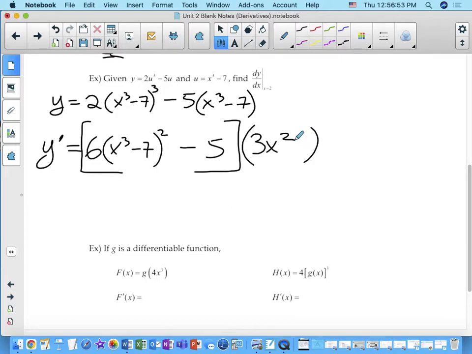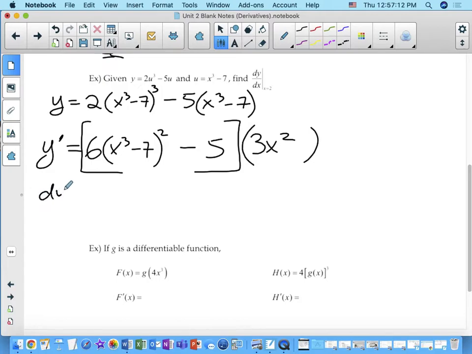Okay, now, what we're actually being asked for here is to find dy by dx when x equals 2. Do we need to simplify this to do that? No, we can just sub 2 in for x right now, right?